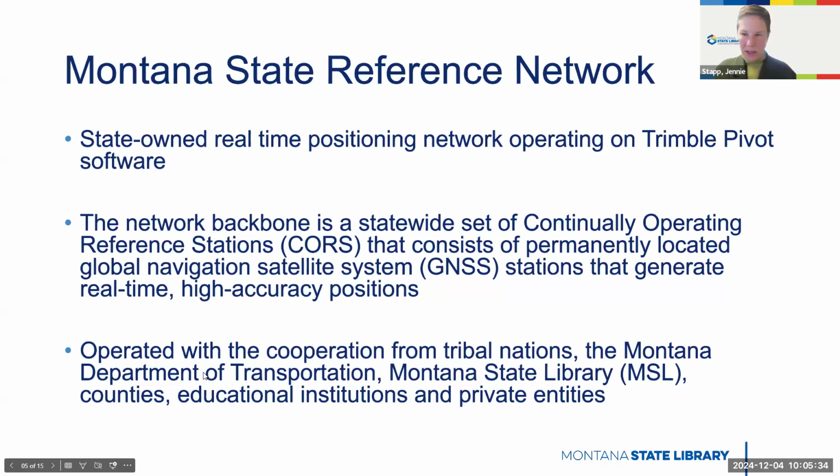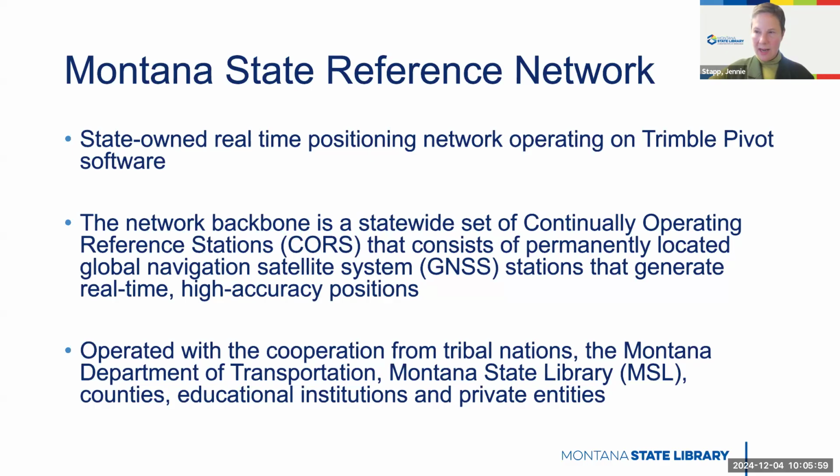So just at a really high level, thinking about what the Montana State Reference Network is, really it's a set of continually operating reference stations that consist of permanently located global navigation satellite system stations that generate real-time, high-accuracy positions. This is a state-owned network.